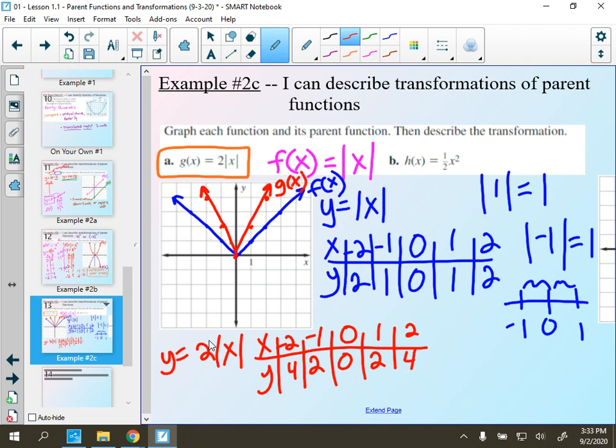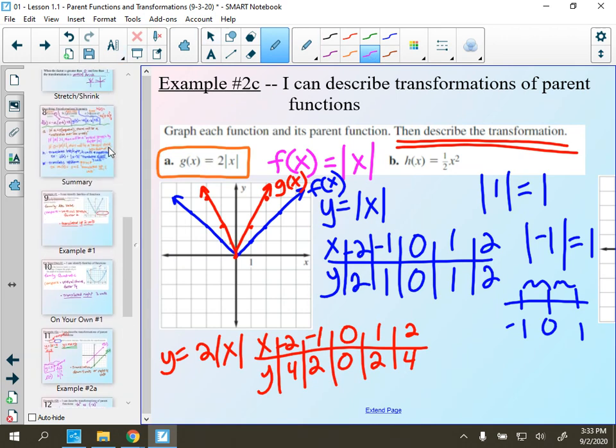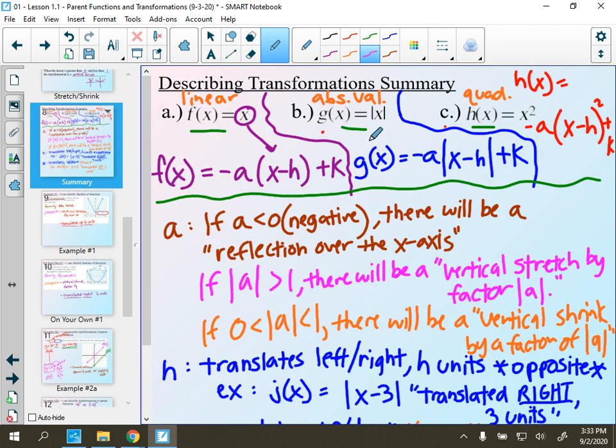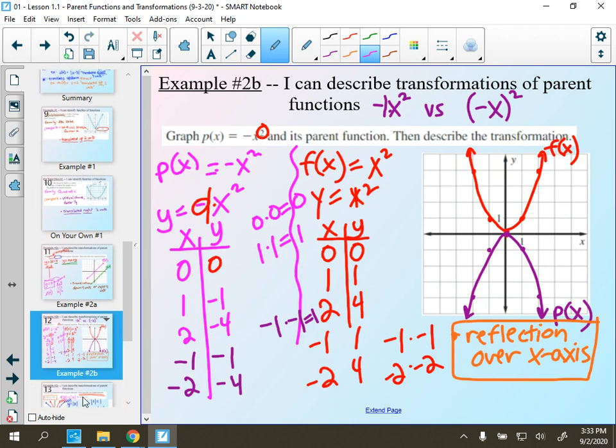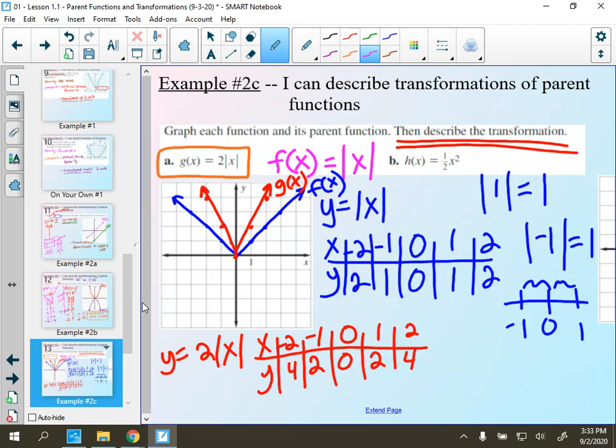As far as our comparison, describe the transformation. We should know this one. Again, it's a number in front of an absolute value. Is it negative? No, it's positive 2. So there is no reflection. And that didn't show up in the graph, right? They both stayed opening up, so there's no reflection.